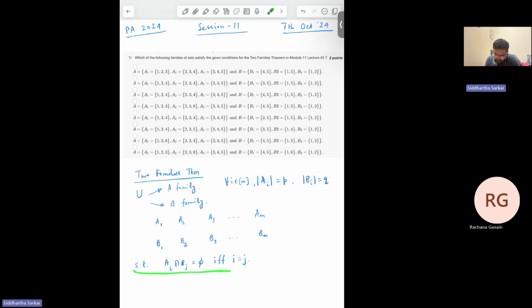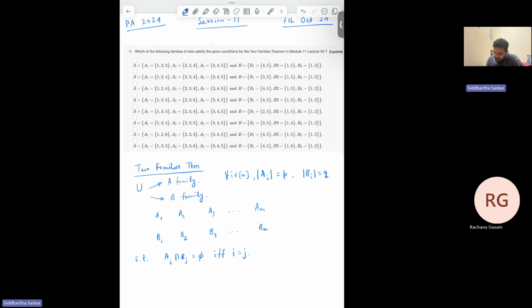Now, if this property has to be satisfied, then the size of each family, that is M, is at most P plus Q choose Q. Anyways, that is not the point.